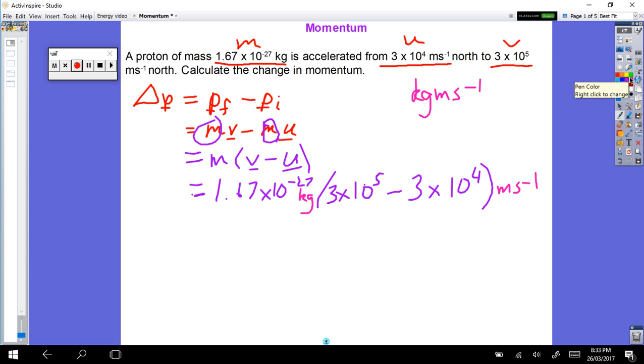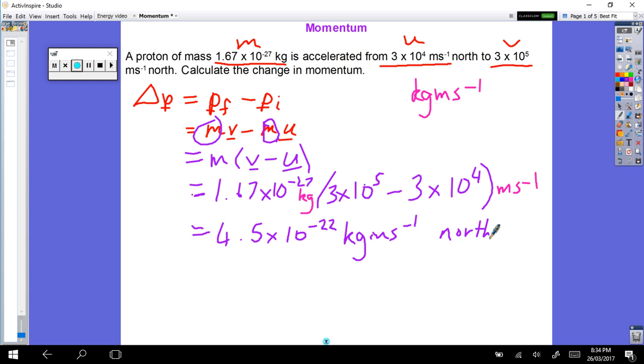When you put that into your calculator, you'll get 4.5 times 10 to the negative 22 kilograms meters per second north, because the momentum is always in the direction of the velocity. Okay, so that's that question. Let's go on to the next slide.